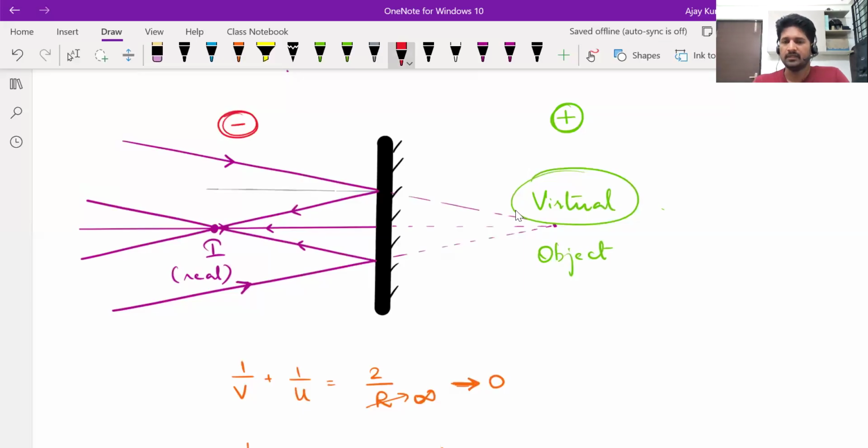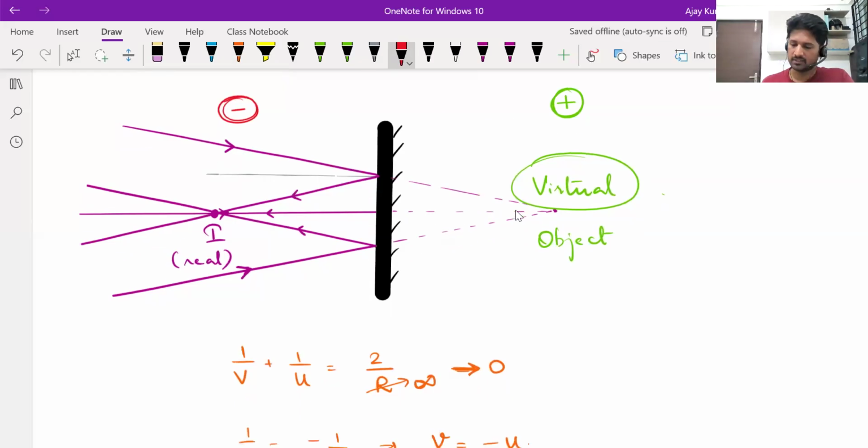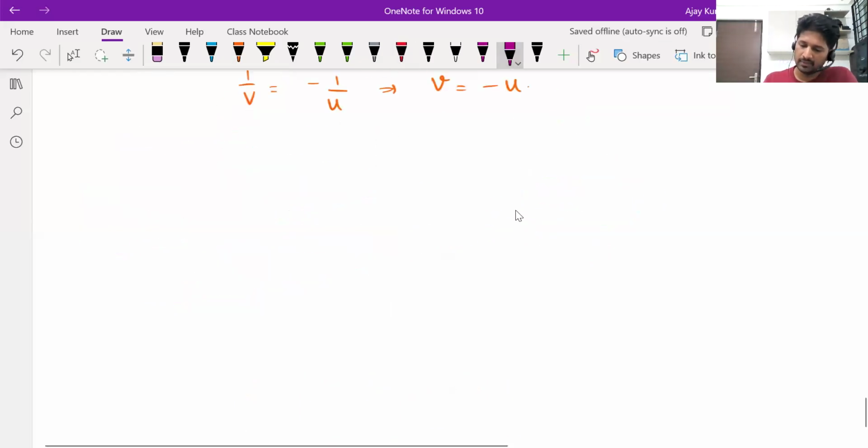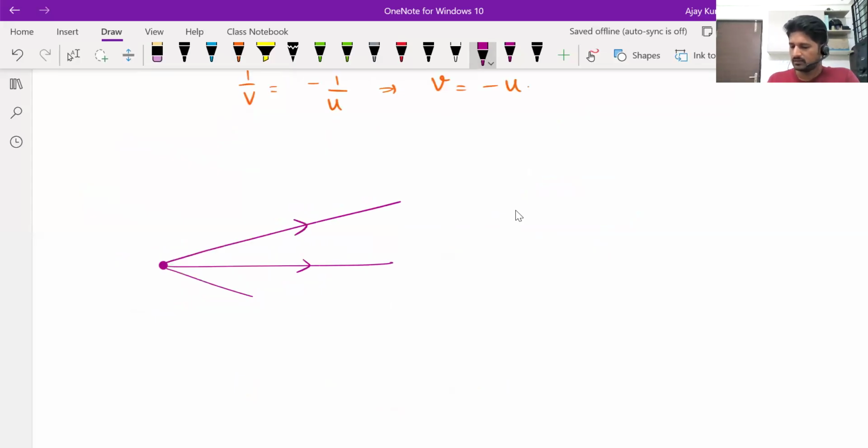And in this example, we see object distance being positive. It's possible for object distance to be positive if the object is a virtual object. For a real object, no. Rays will begin from that object and go and strike a reflecting surface or a refracting surface. So that side will be positive. This side will be negative.